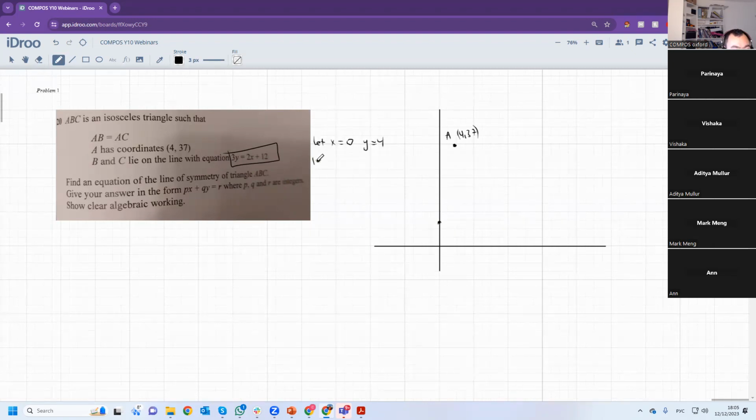Then you let y equals 0 and then x becomes minus 6 immediately, because you just substitute y equals 0. So (-6, 0) is another point. These are the 2 points that the line goes through. Now we draw the line.